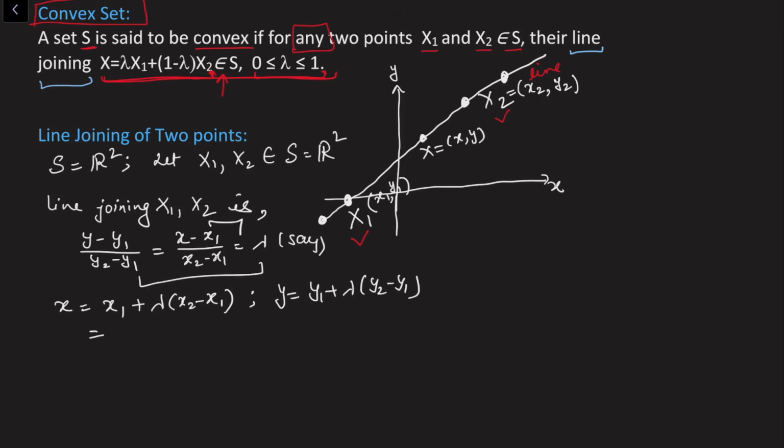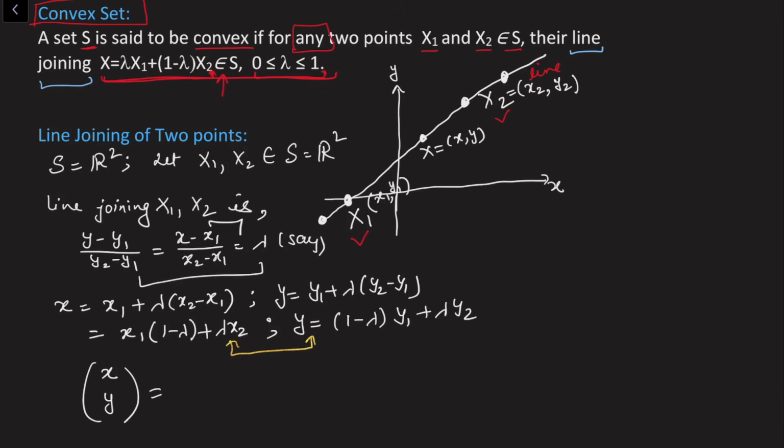So we take x1 common from here. Once I take x1 common, I will get x equal to 1 minus lambda times x1 plus lambda times x2, and similarly y is equal to 1 minus lambda times y1 plus lambda times y2. Now these 2 equations I am going to club again, and in the matrix notation I write the point x comma y as 1 minus lambda times x1 y1 plus lambda times x2 y2.